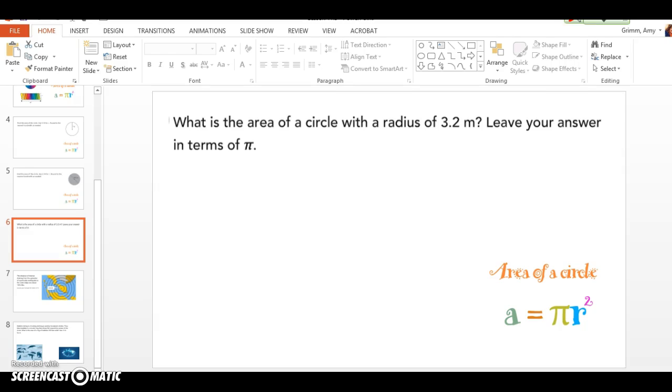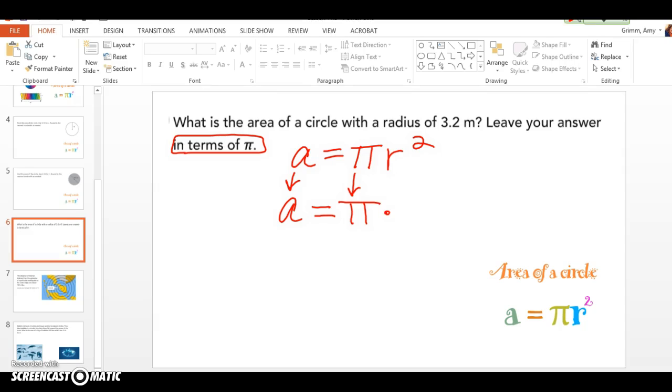Okay, so we're still going to start with our formula. A equals pi r squared. Do we know what A is? No. Do we know what pi is? What am I supposed to put there? Just pi, right? Because they want me to use it exactly. So I'm going to leave pi. Do I know what r is?